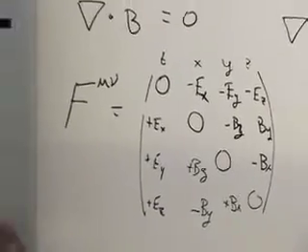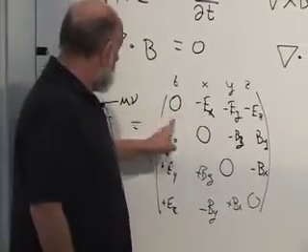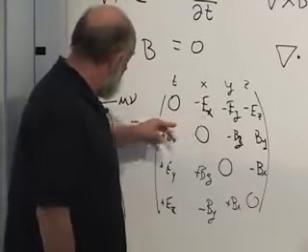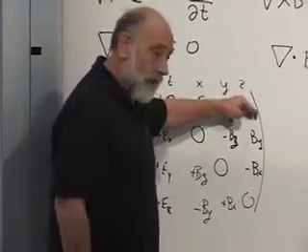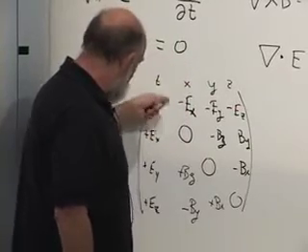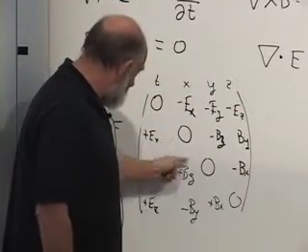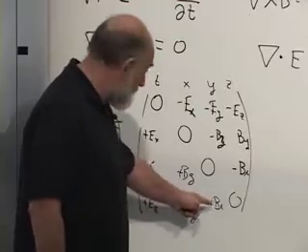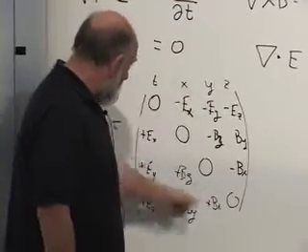We would call this component over here the tx component. The first row refers to time, the second row is x, the third row is y, the fourth row is z, and likewise for the columns.